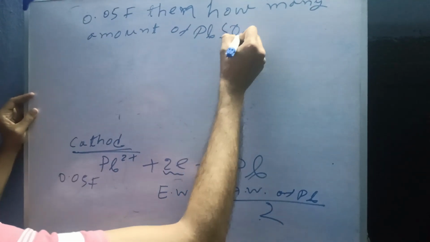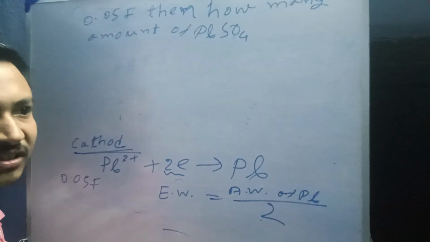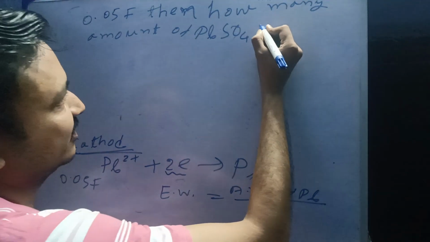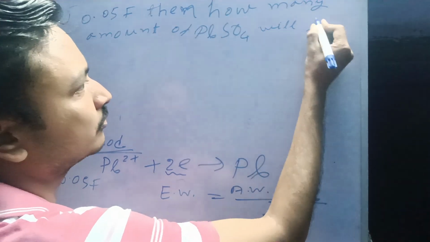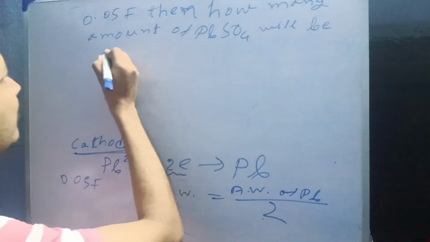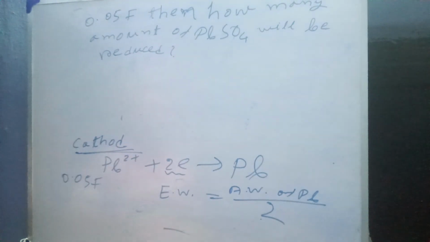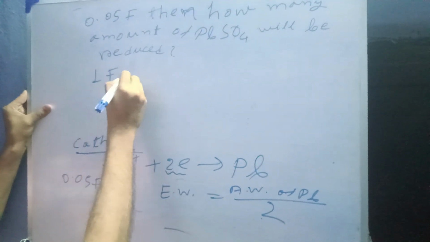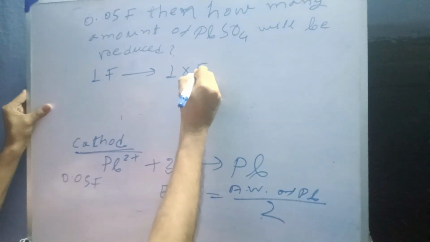Will be reduced or electrolyzed, because it is an electrolysis reaction, so here the reduction reaction can also be called an electrolysis reaction. Now similarly here, just like previous, 1 Faraday of electricity can reduce 1 into equivalent weight of lead sulfate.